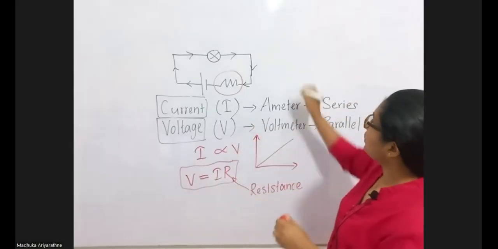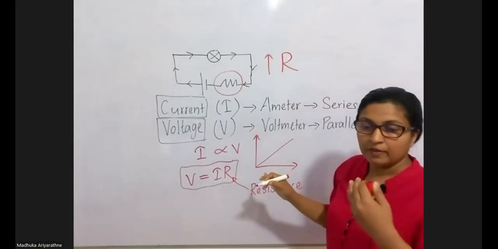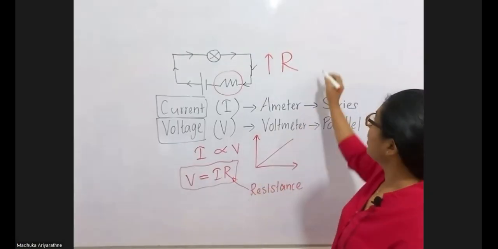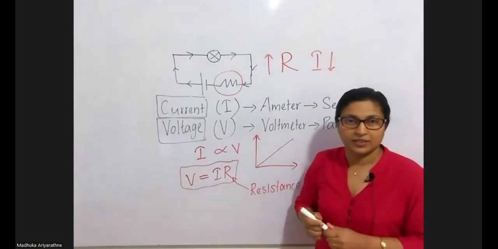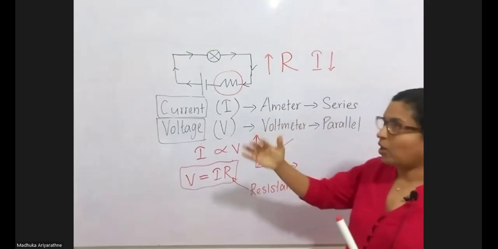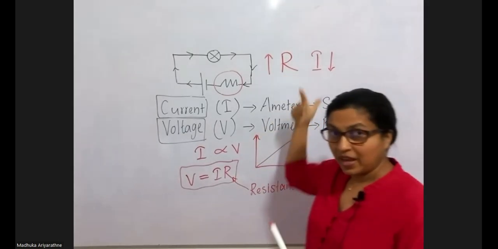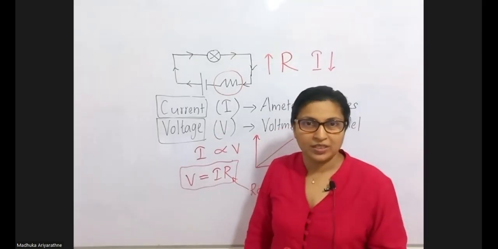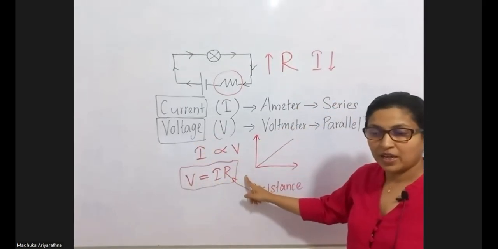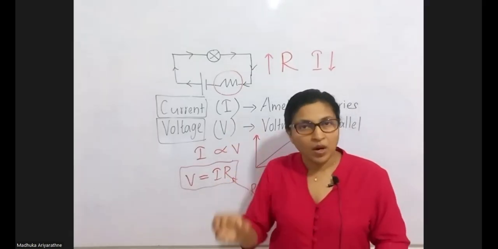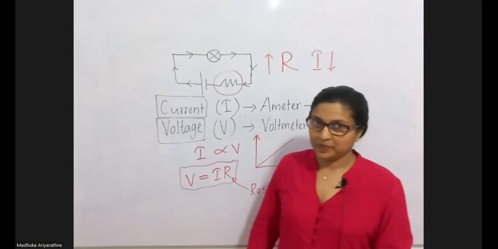So if R has a higher value, the current passing through the circuit is less. That means these two always act oppositely. They are inversely proportional, I and R. If R is high, the amount of current passing through the circuit is less.